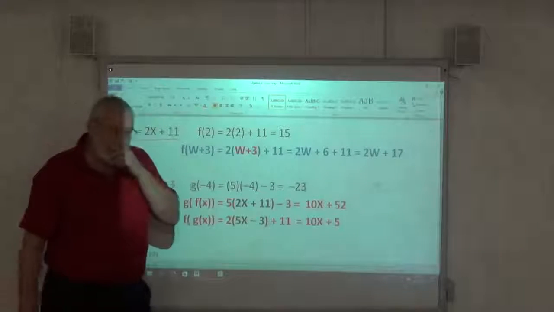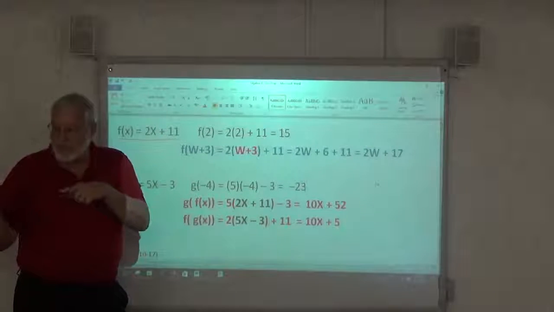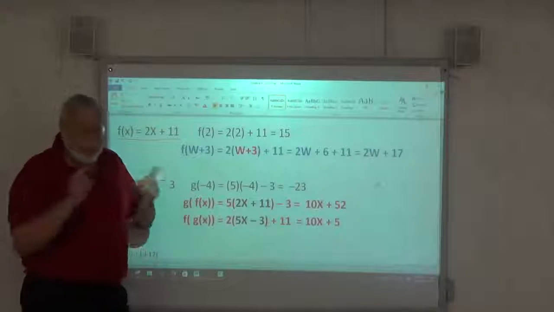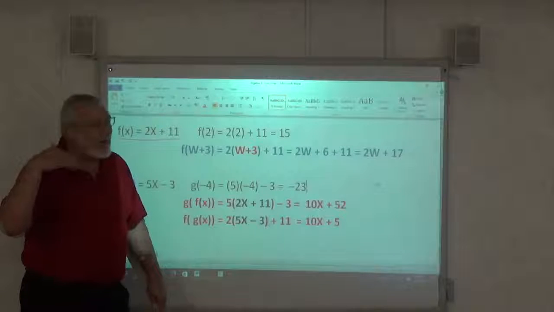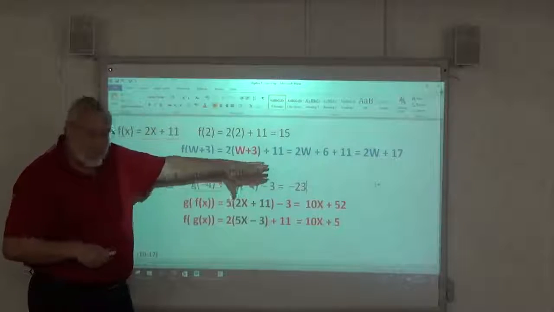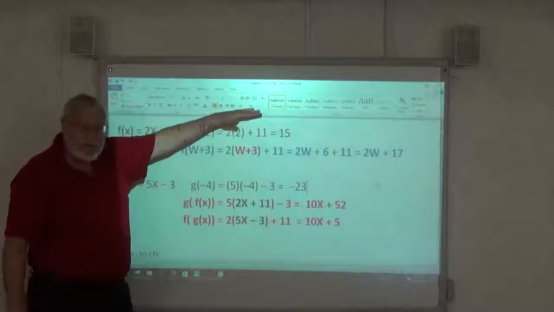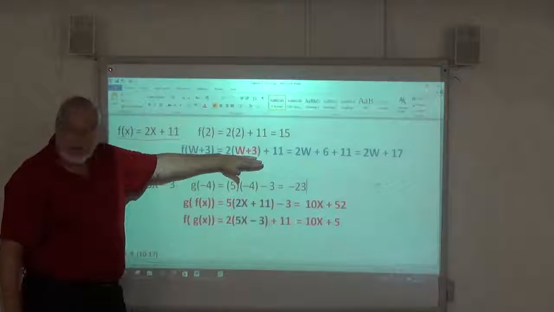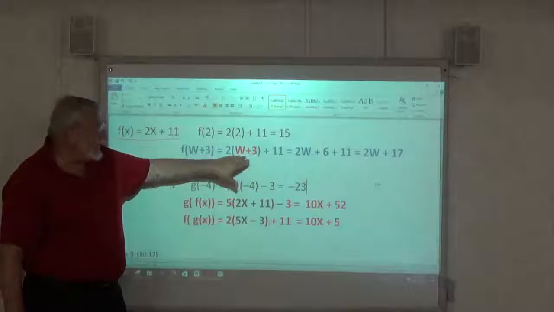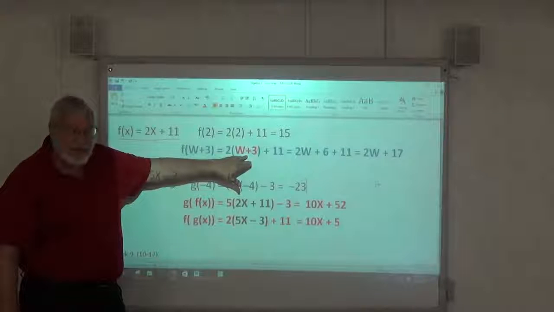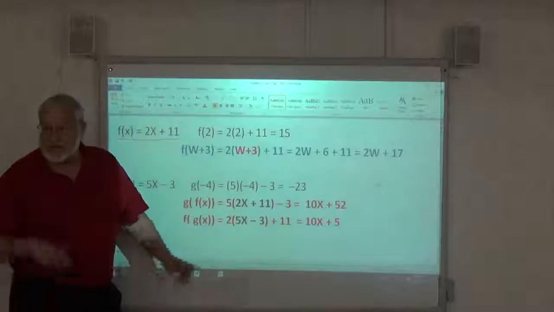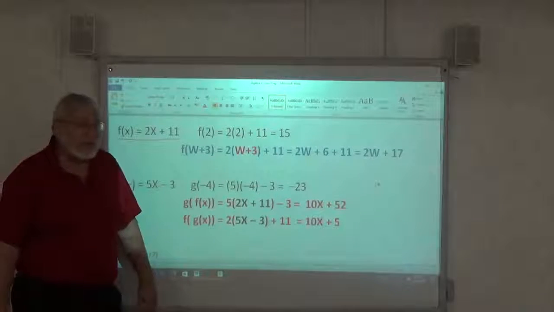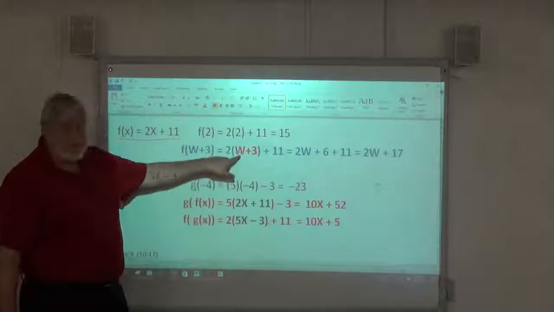In fact, I was working with a girl Saturday and we had a problem like that, and I said to her, I don't think that's the right answer, because technically, if you replace x with x plus 3, then you have to do it this way. And we usually show it with a different letter so that you see where the transformation came from. But anyway, that's a good question, Sydney.